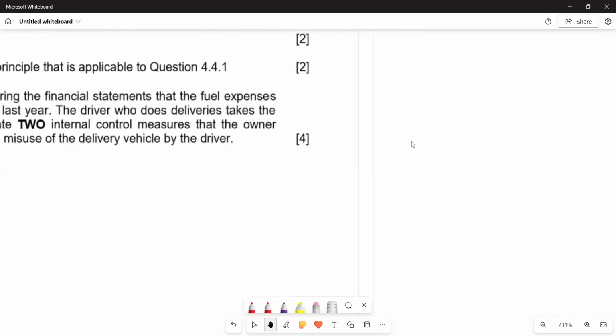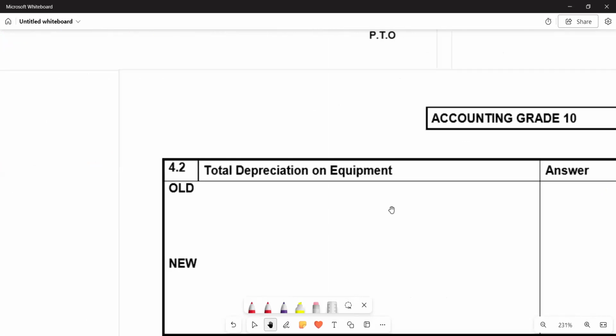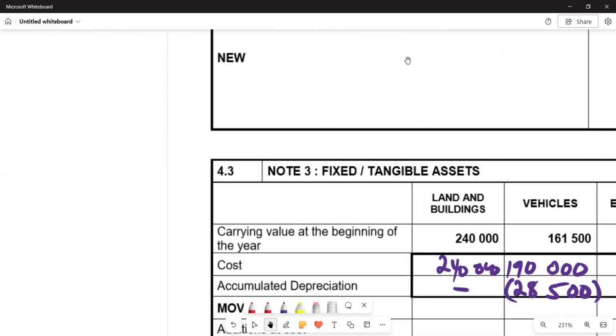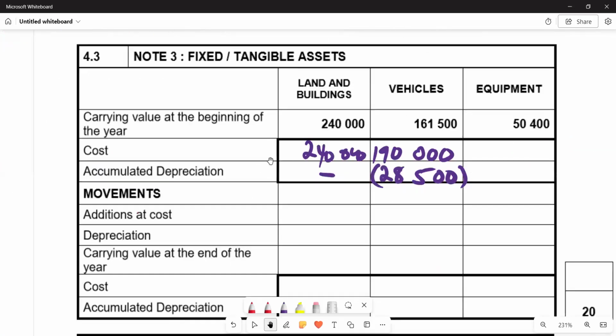On equipment, we are saying we have 56,000, then accumulated depreciation was 5,600, in such a way that if you say 56,000 minus 5,600, you are going to get your 50,400.